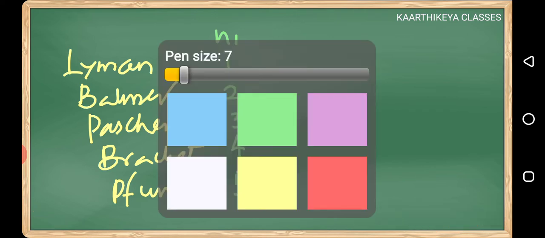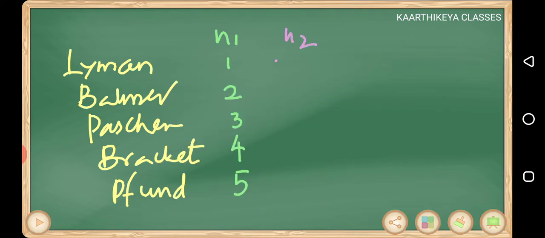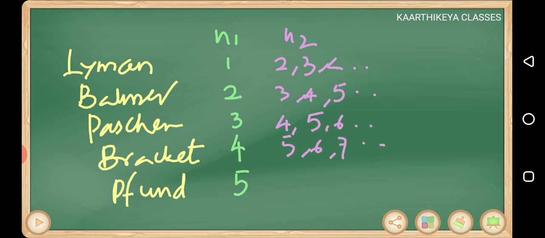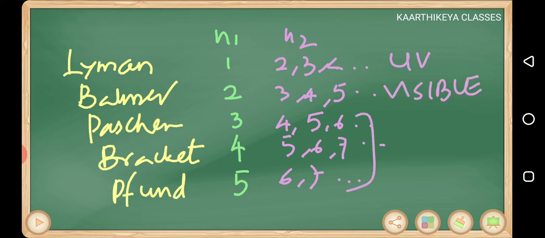From where it is coming: it can come from 2, 3, 4 and so on; 3, 4, 5 and so on; 4, 5, 6 and so on; 5, 6, 7 and so on; 6, 7 and so on. Where it happens: UV region, visible region, and all the rest are in the IR region.